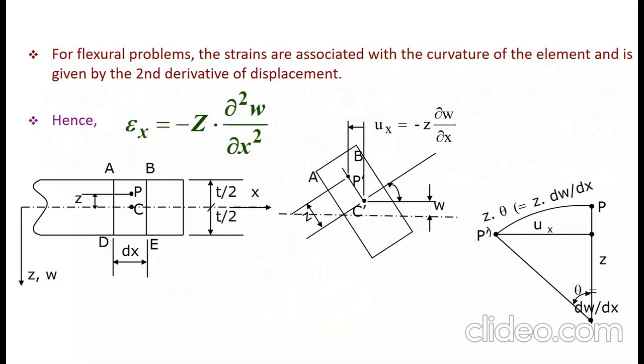For a flexural problem, the strains are assumed with a curvature of the element and given by the second derivative of displacements. So here we are showing the secondary conditions. In the primary conditions, strain about x direction means the displacement about x direction with respect to the length. If we consider the secondary coordinate systems, the strain will be negative. The displacement will be dou square w by dou x square for the opposite direction.